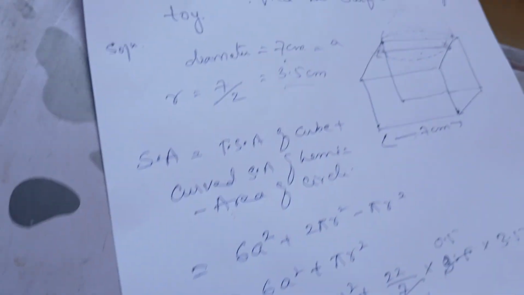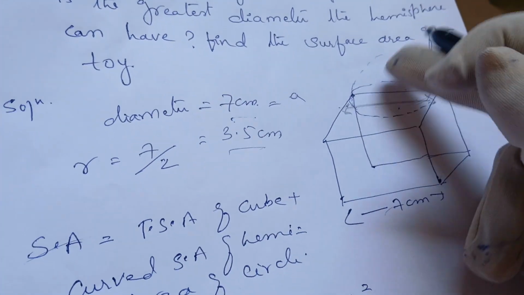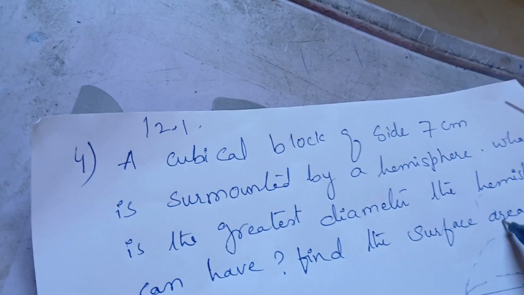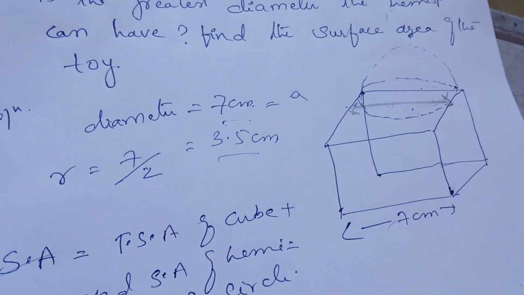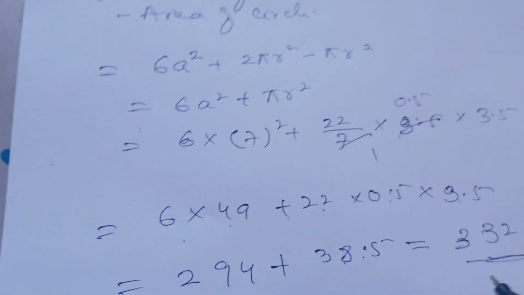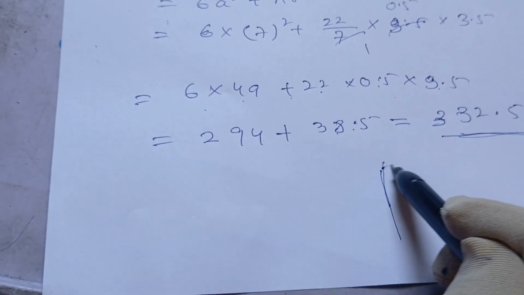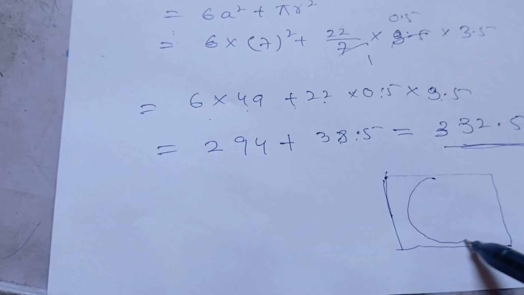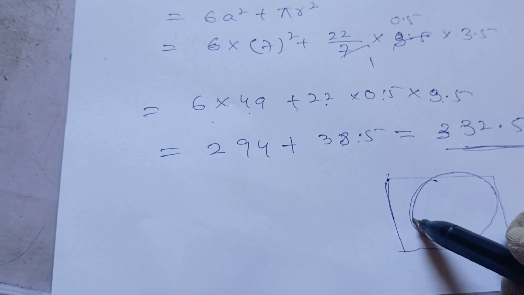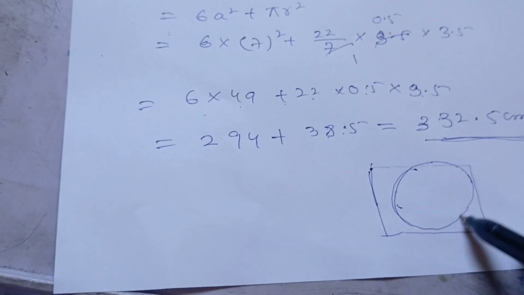Here, some questions are coming about why I have subtracted. Suppose we view the toy from the top side, like a bird or you standing here and viewing this. The upper surface of this toy will look somewhat like this: this is the cube's upper surface, and some area of it is covered by the circular hemisphere shape.